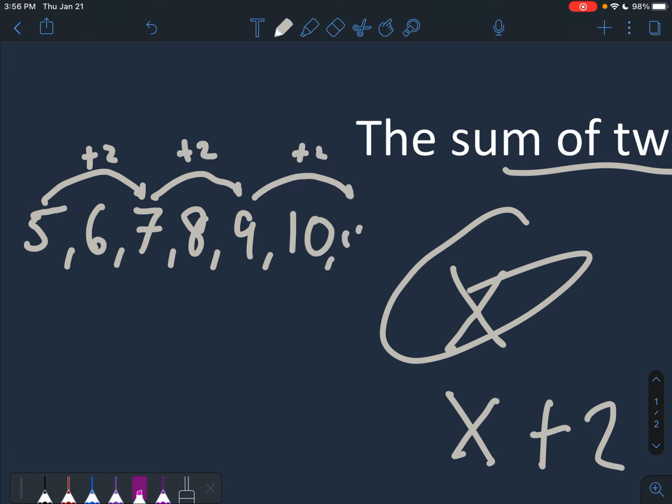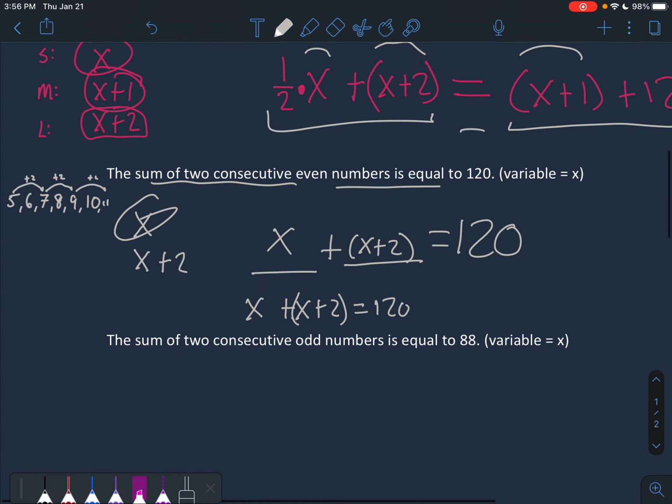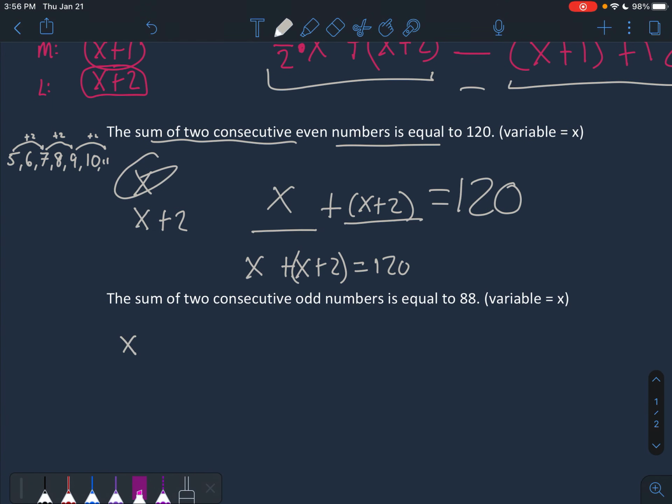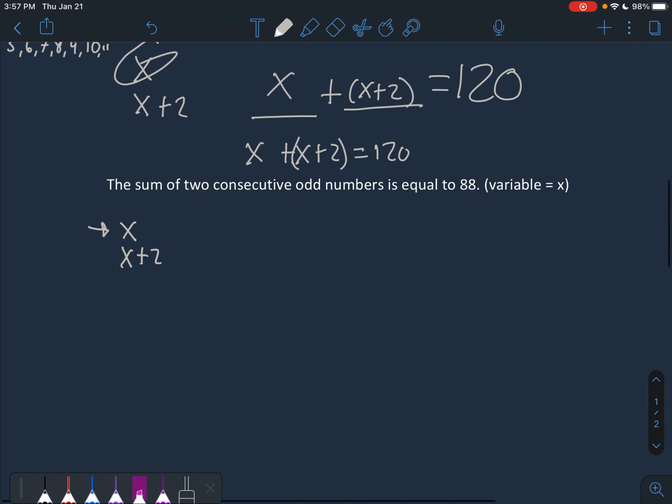And then 9 to 11, we're adding 2, and so on and so forth. Well, you can see that you're just going to end up with the same 2. It really depends on what number you're starting with. And in this case, we're assuming x is odd.